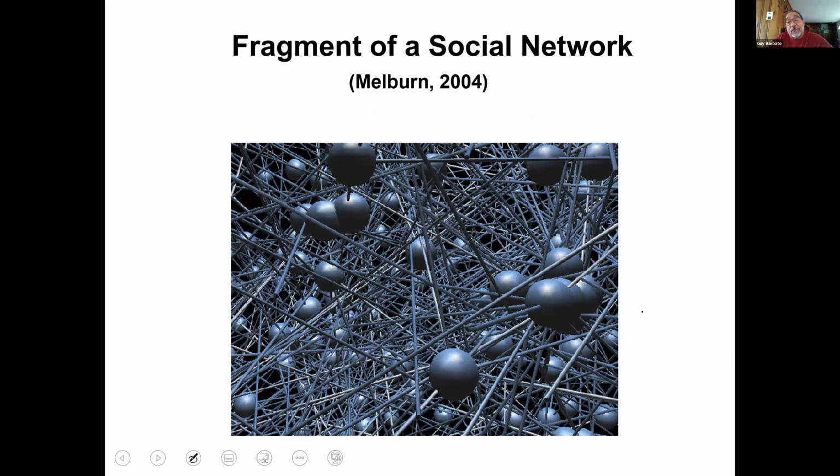I just love this picture. This is actually an image of a social network. This is from data from Facebook. And again, each of the circles that you see are individual people that have lots of connections. And they were able to construct this with some really interesting software.